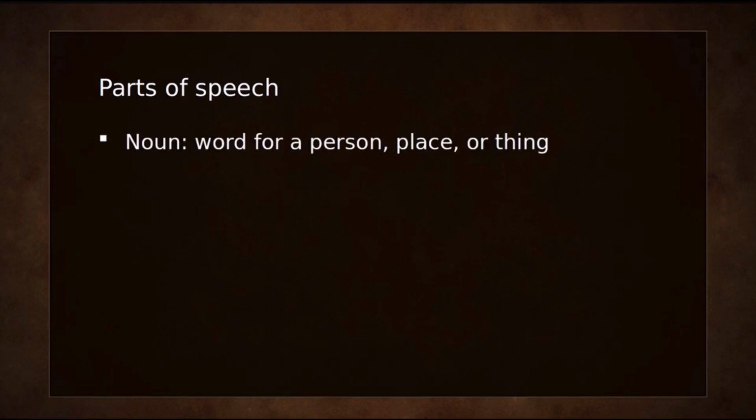For example, the purpose of some words is to represent a person, a place, or a thing. Any word for a person, place, or thing is called a noun. In our sentence, Adam ba, the word Adam is a noun, because Adam is a person.